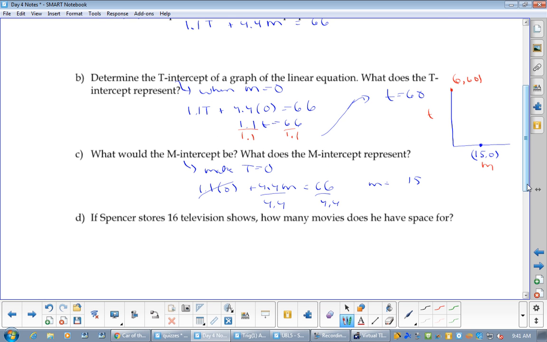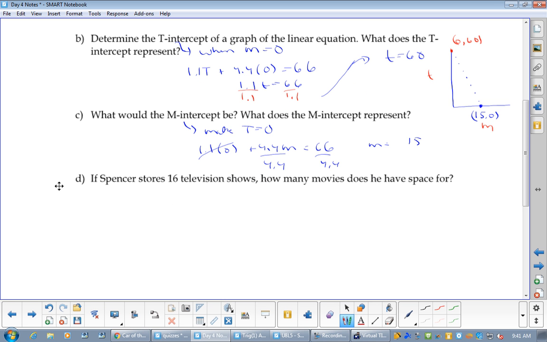Now, do you see that all of these points in here would be valid points, because they would all have the same slope, right?